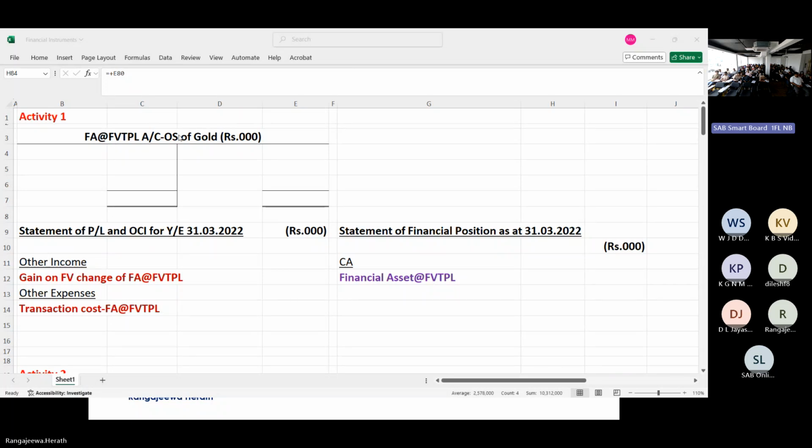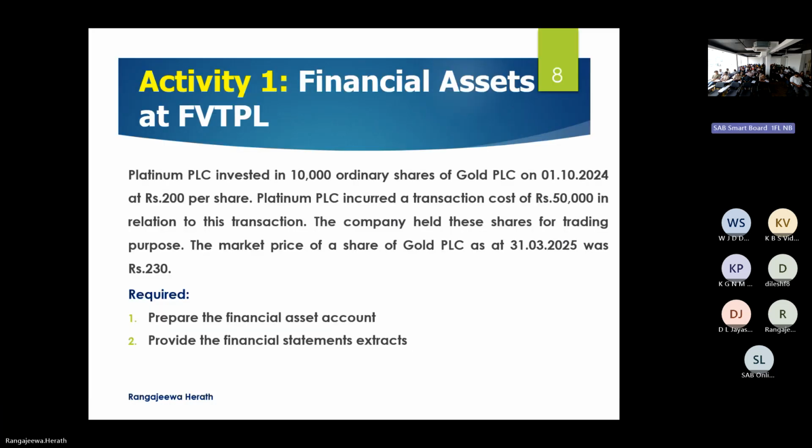This is the ordinary shares of Gold that we invested in.